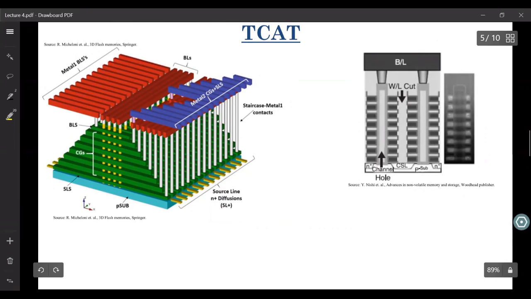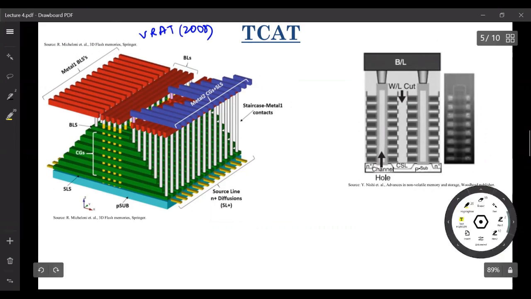After several unsuccessful ventures like VNAND, I guess I already discussed the VNAND, which was its attempt in 2008, then ZVRAT and then VSAT as well. So after these unsuccessful attempts, Samsung came up with this TCAT. So let me write this.